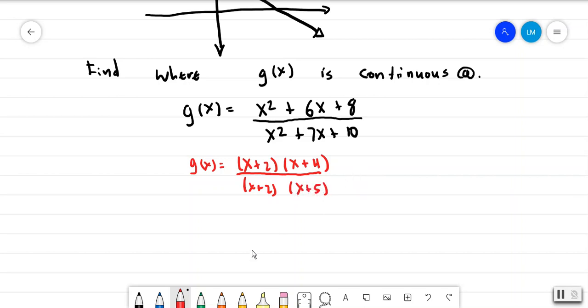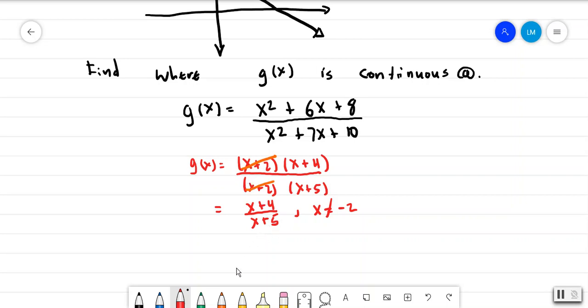Now note that a factor cancels out, and it reduces our rational function to x plus 4 divided by x plus 5. But I can see that x cannot equal negative 2. Why? Because the factor x plus 2 canceled out.